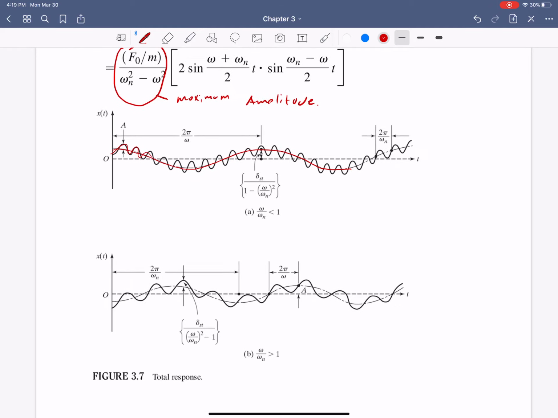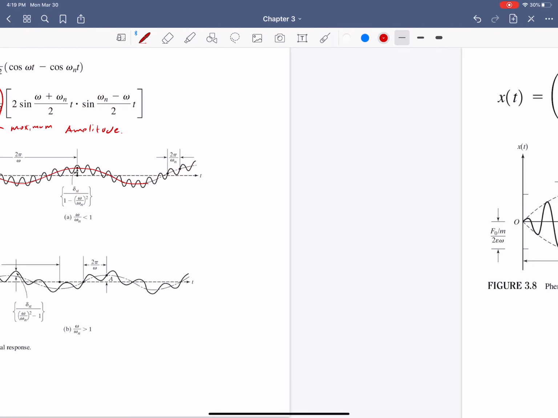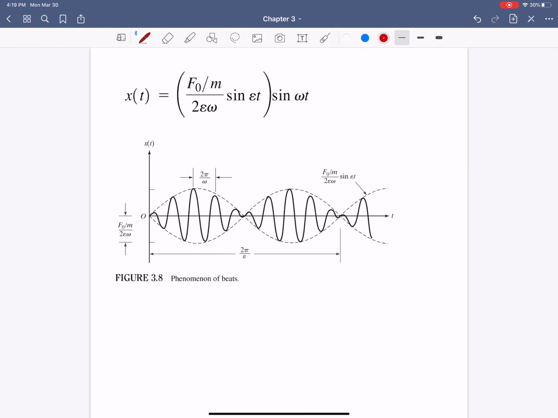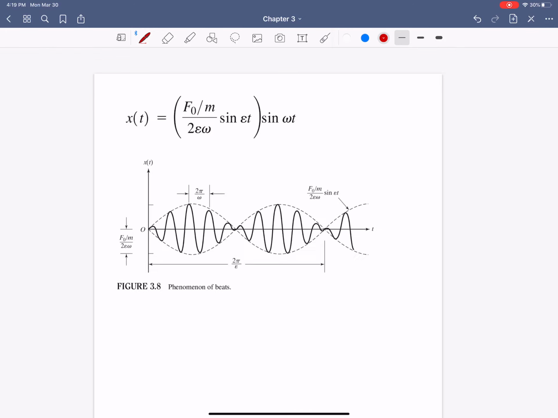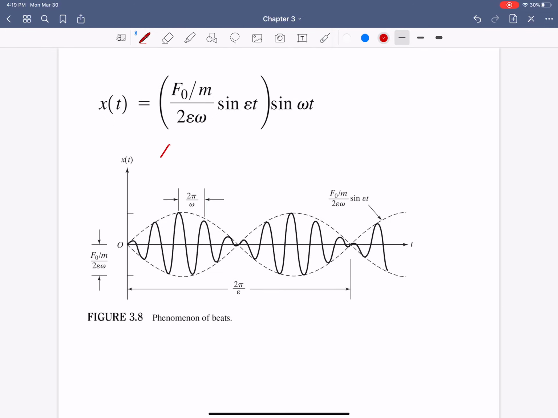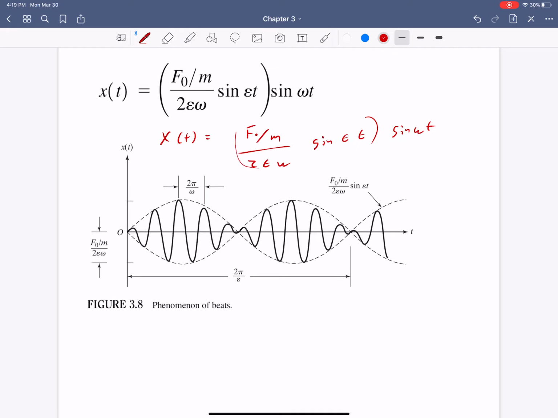Okay. And then you'll see in the book that they've rearranged everything, because why not, where x of t is equal to, I'm going to rewrite it so you can write it with me, f naught over m over 2 epsilon omega sine epsilon t times sine omega t, okay?